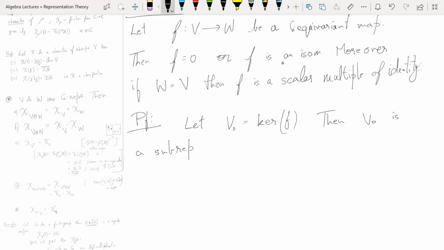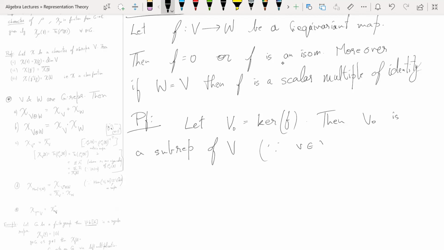Sub-representation of V. Since we didn't do this, let me give you an argument. I have to show that if something is in V0 and I apply G, then it remains in V0.